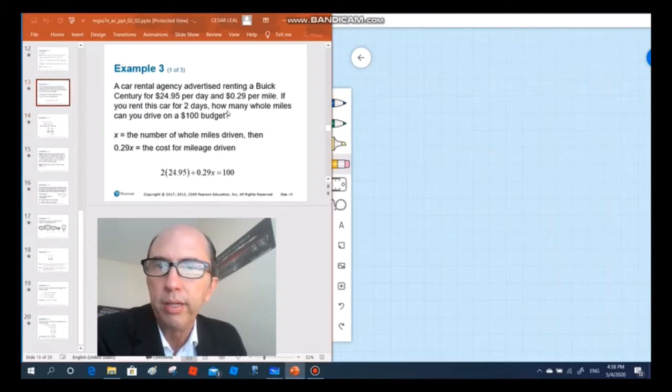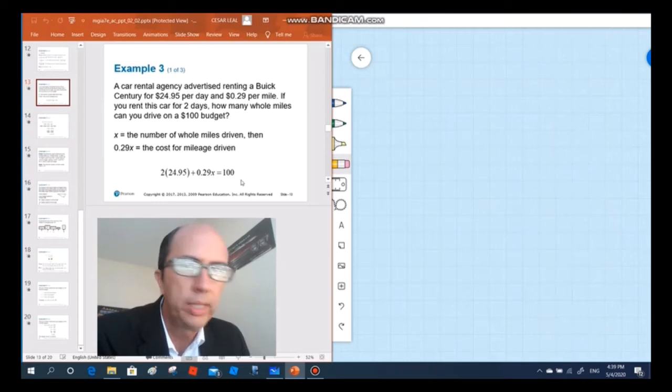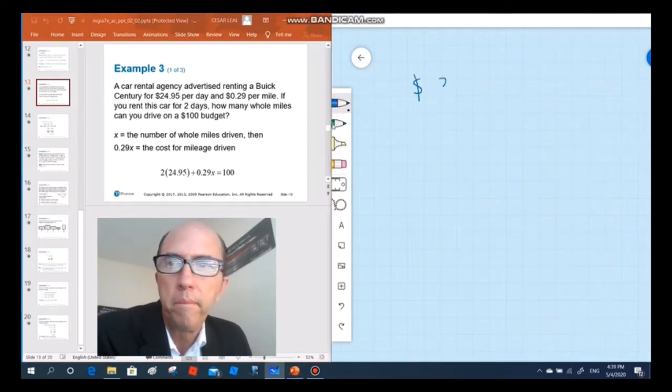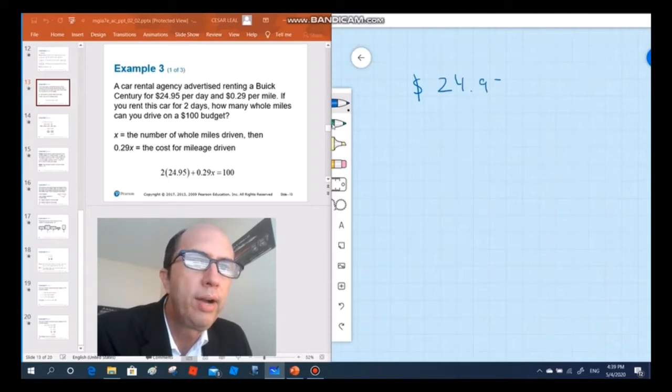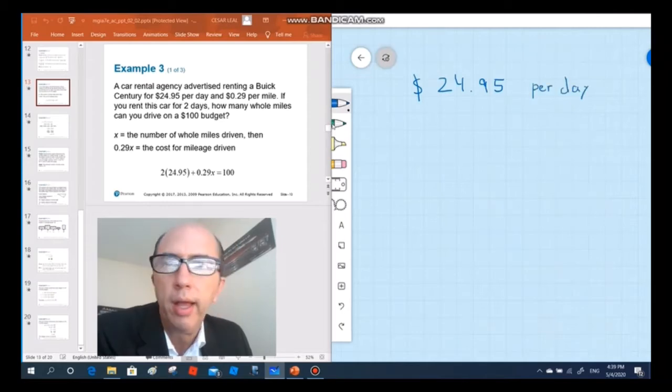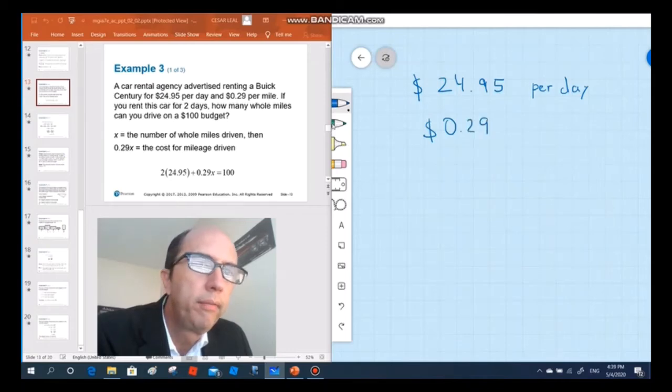So you have a car, you have the rental per day. The rental per day is 24.95 per day, and 29 cents per mile.